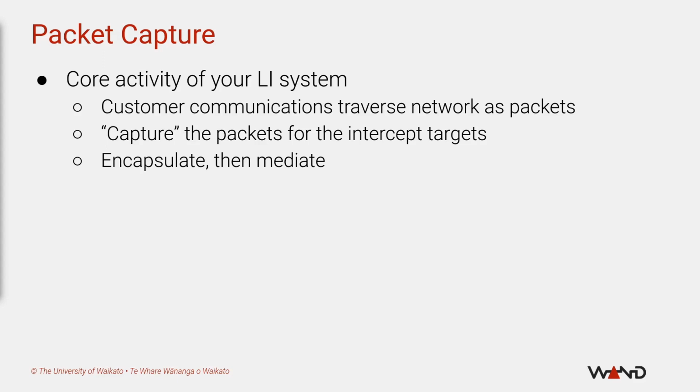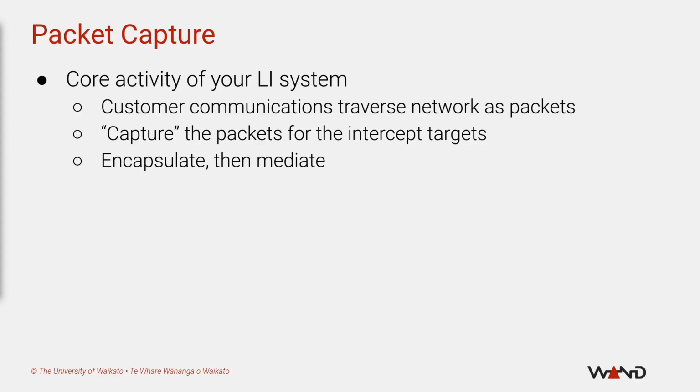So as I've alluded to already, the capture of network traffic is one of the core activities that your LI system will be required to perform. The communications that you will be charged with intercepting will traverse your network in the form of packets or frames, and you will need to use some method to capture or intercept those packets. The LI system can then examine the headers on each packet to determine if it should be forwarded on to an interested LEA.